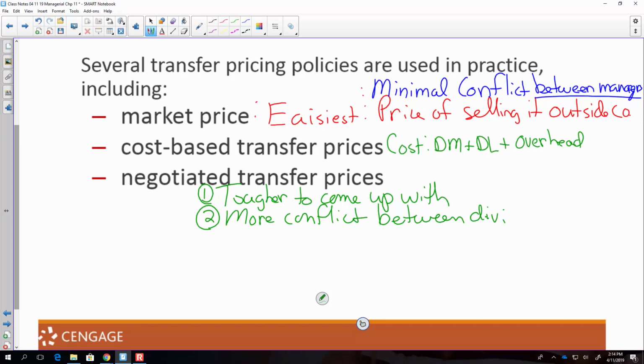And it is most often used when we don't have a market price, when there is no market price.